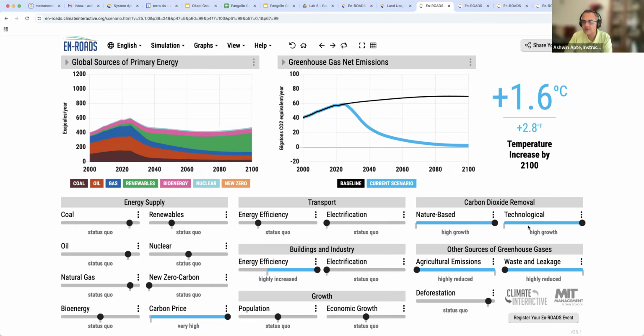Now, these other levers up here, let's talk about carbon dioxide removal. I was one of those people who used to oppose carbon dioxide removal, saying that if we do technological carbon dioxide removal, we'll use it like a get out of jail free card. We'll just say, oh, we're going to suck carbon out of the atmosphere and we don't need to do anything else, right?